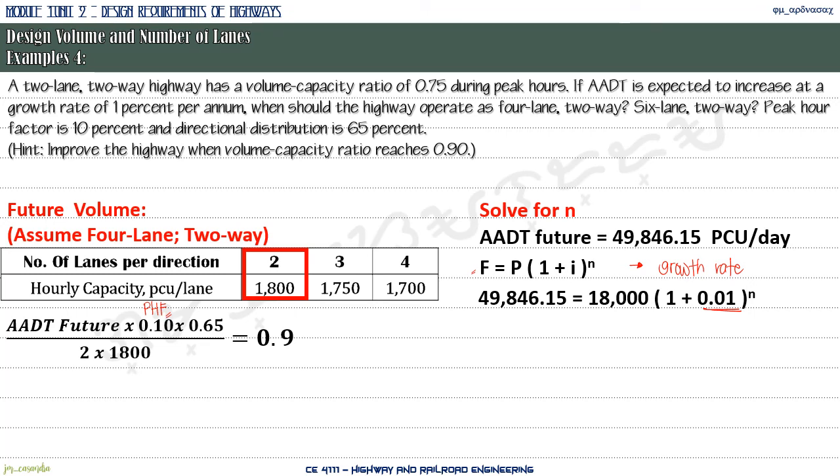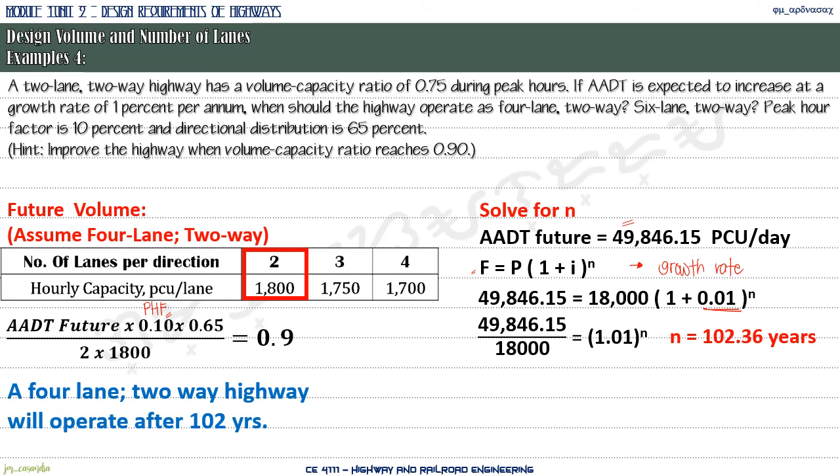And now here n is the number of years it would take for us to reach this future AADT. So with this, n now is equal to 102.36 years.